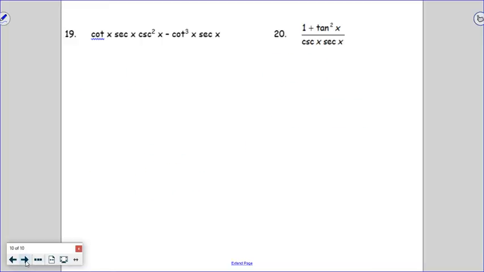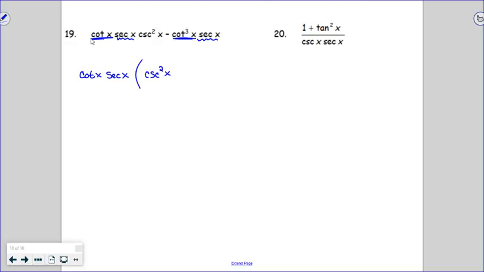And our last couple here. In number 19, there's actually a couple like terms. They both have a cotangent, which would be a GCF, so I could pull a cotangent x out to the front. They both have a secant x, which would also be part of the GCF. So if I take a cotangent and a secant out of that first term, you're actually only left with cosecant squared.